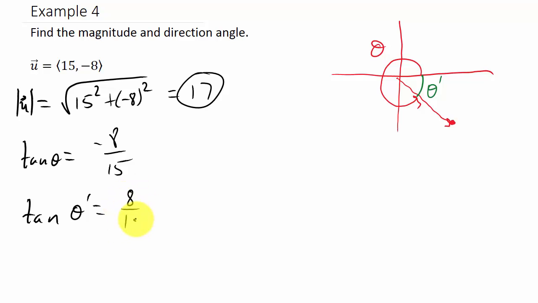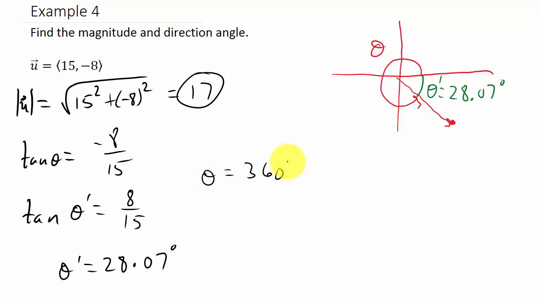To find our reference angle, we change this to positive, because our reference angle is always measured in the first quadrant, and the tangent of any angle in the first quadrant is always positive. So if we do the inverse tangent of positive 8 over 15, we get 28.07 degrees. So that is our reference angle, 28.07 degrees.